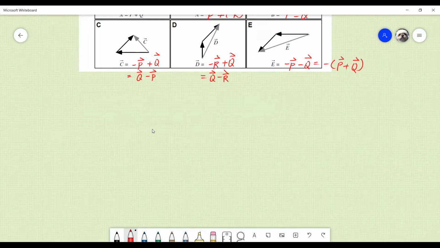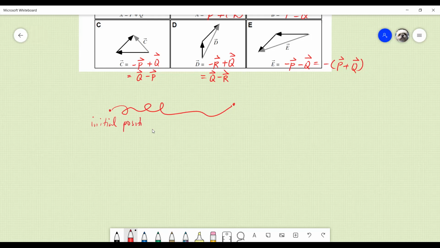Let's say I have a mosquito. So the mosquito will fly like this. So this initial point, I can call the initial position. And the final point here, we call the final position. Am I right?